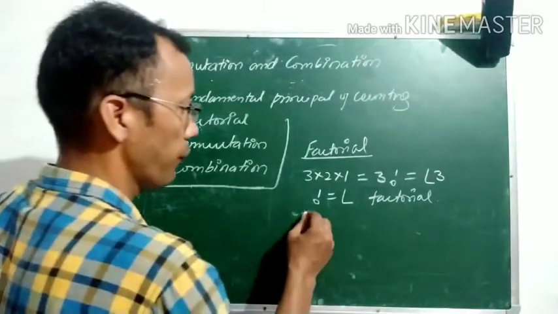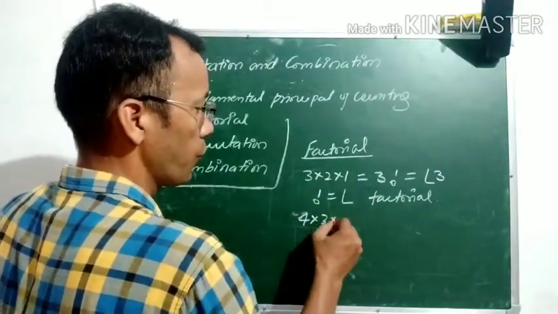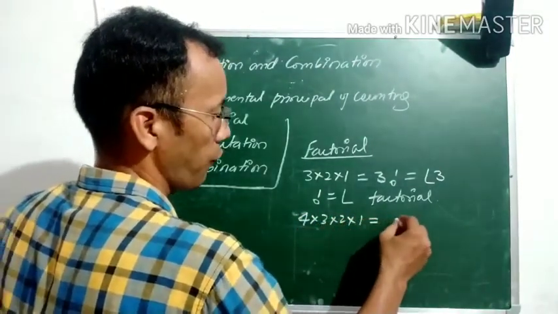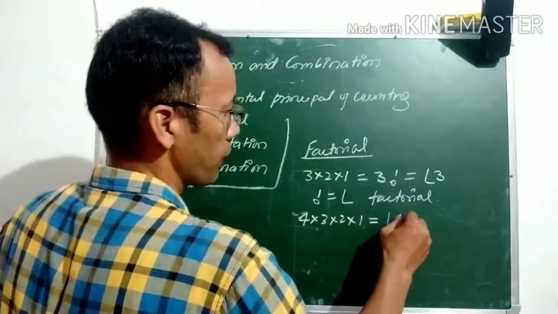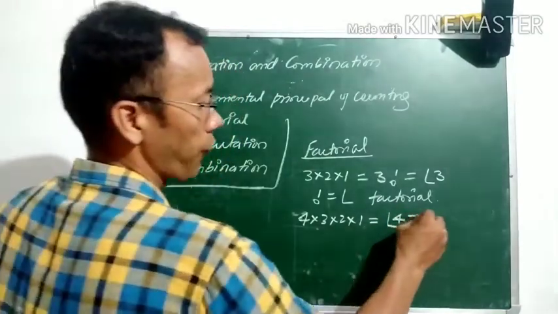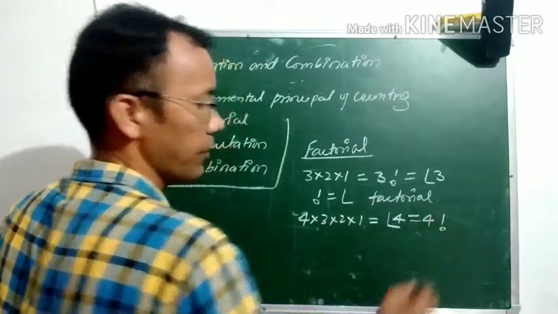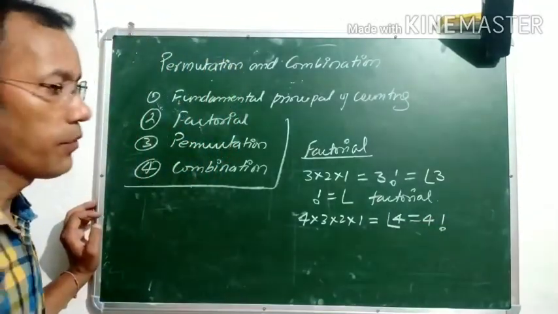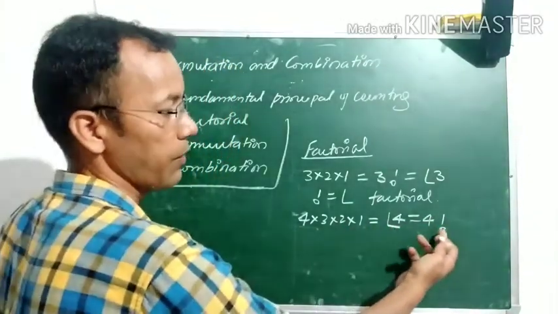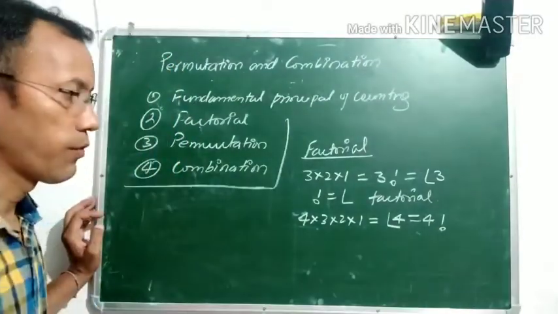If I write 4 into 3 into 2 into 1, this is called 4 factorial. Sometimes we will use this sign and sometimes that sign. Please don't get confused about this.